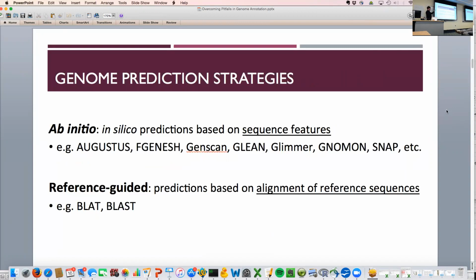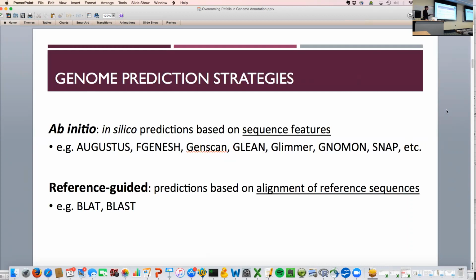One strategy is the ab initio, total in silico strategies, where it's basically an algorithm where you feed it gene models from a better annotated species, like zebrafinch or chicken, and then this algorithm goes through the genome and says, oh hey, that looks kind of like one of the genes in this set, and oh hey, there's another. And we'll talk about some of the issues with that.